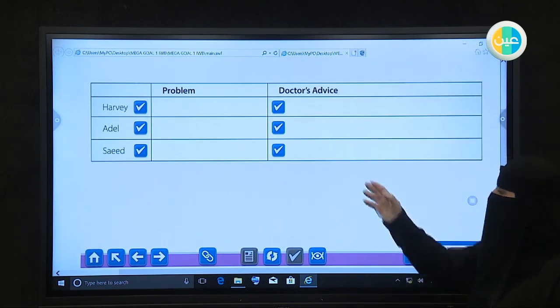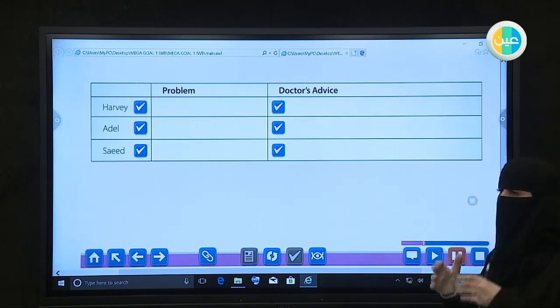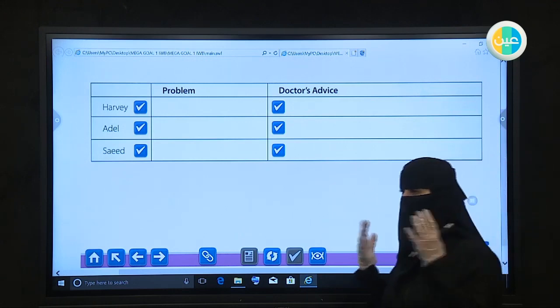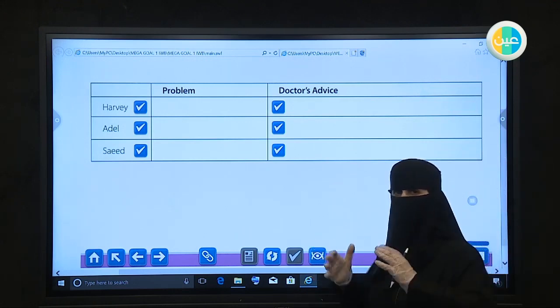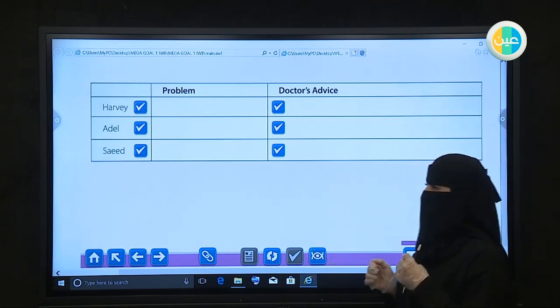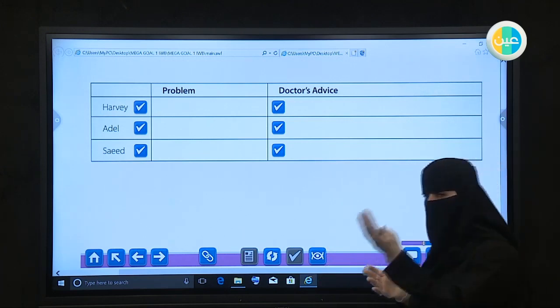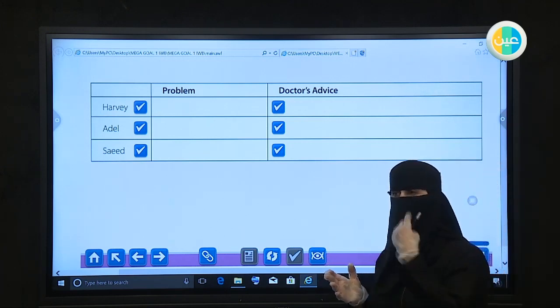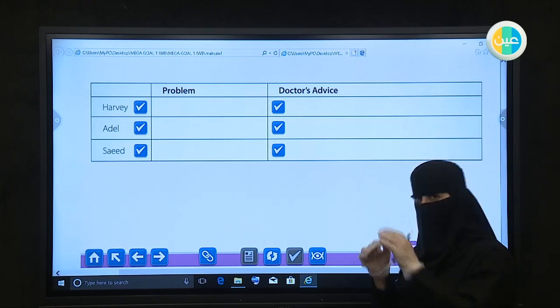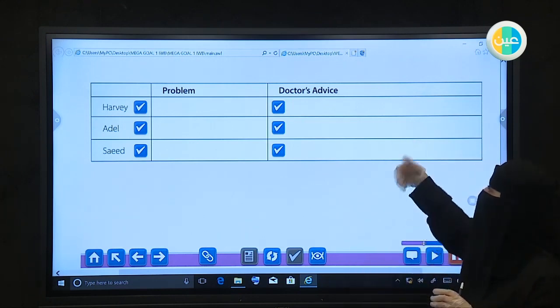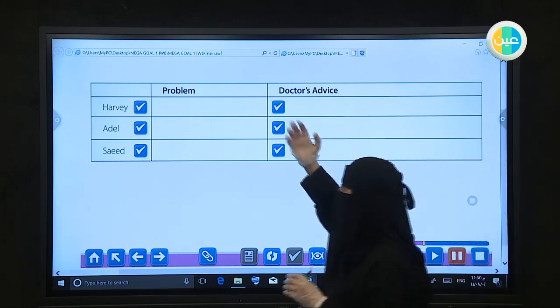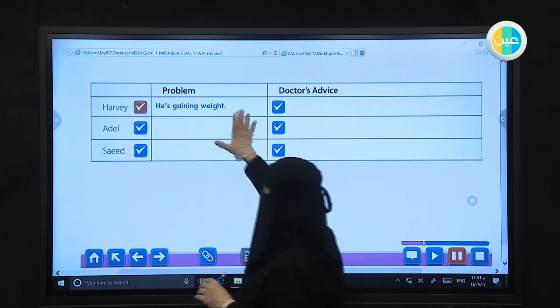Okay, so Harvey talked about his problem: when he saw himself in the mirror, he found himself fat. So when he talks with Dr. Weiss, he wants advice. The doctor gave him a lot of advice, but before that, let me check Harvey's problem. What is it?